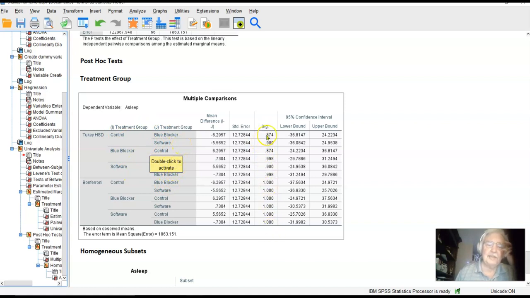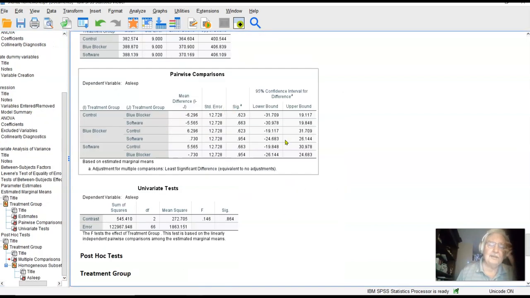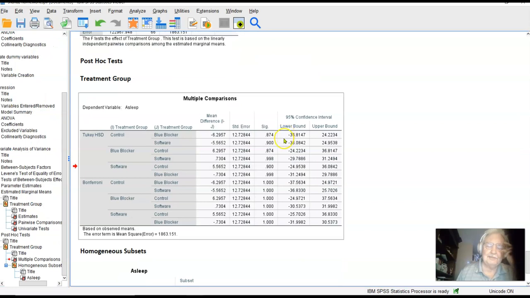You can see with the Tukey the p's are closer, oh, I deleted it. So this significance, I think, was like 0.4. And now it's 0.8 with a Tukey because you've adjusted for the multiple comparisons, so the p-value gets bigger. And in all cases, it's not significant.